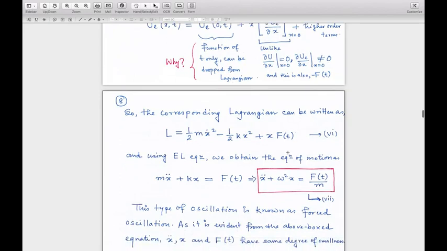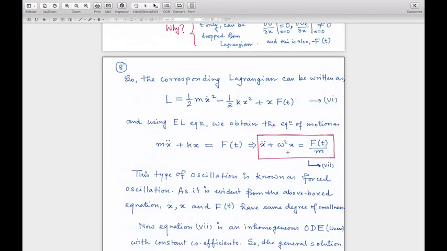Although we are saying that some system is forced from an external agency, it is also possible that this is not the only source of perturbation.